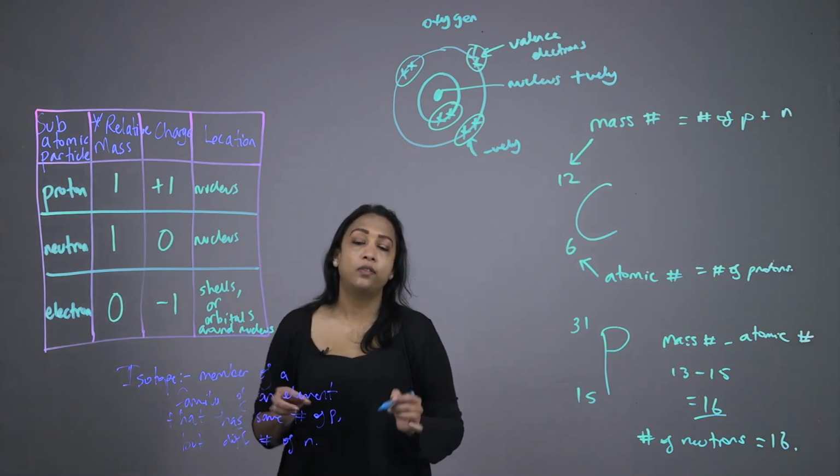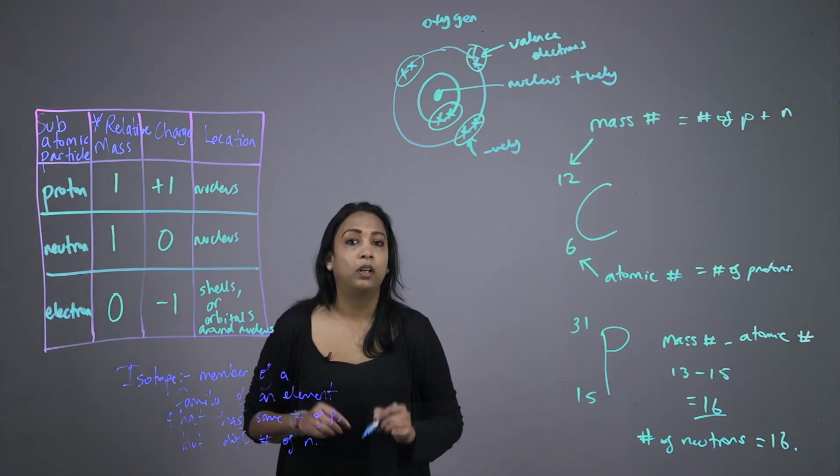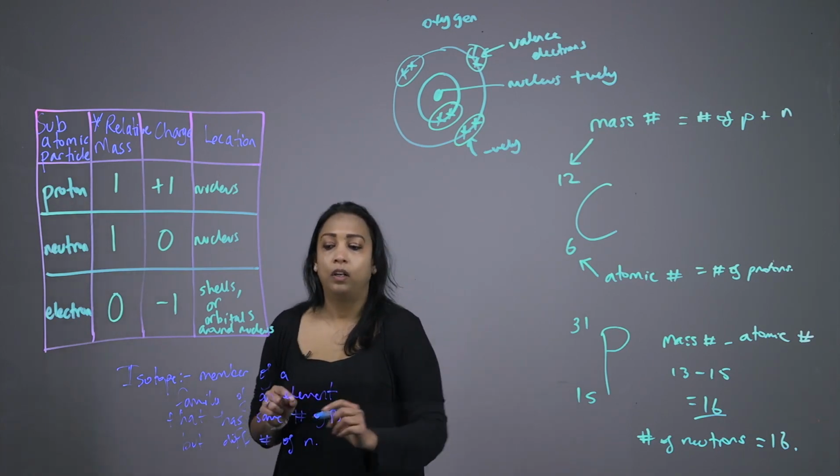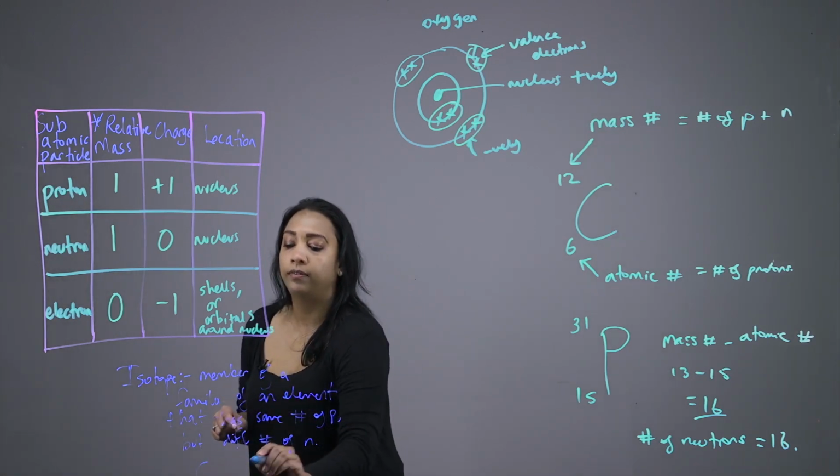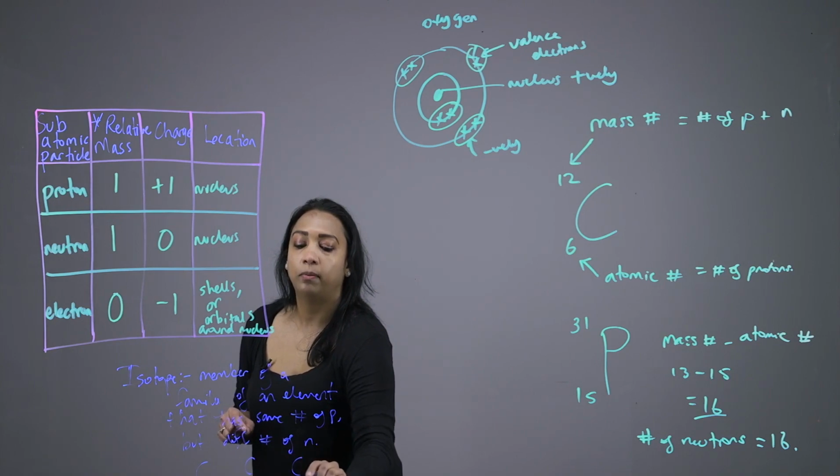That means that isotopes have the same atomic number but different mass numbers. For example, I can have carbon-12, carbon-13, and carbon-14.